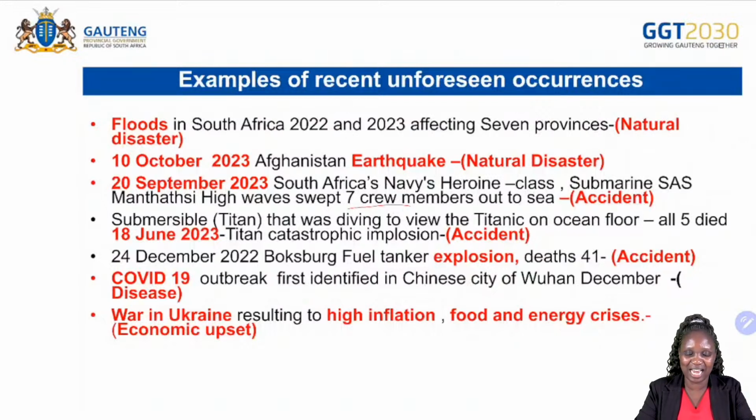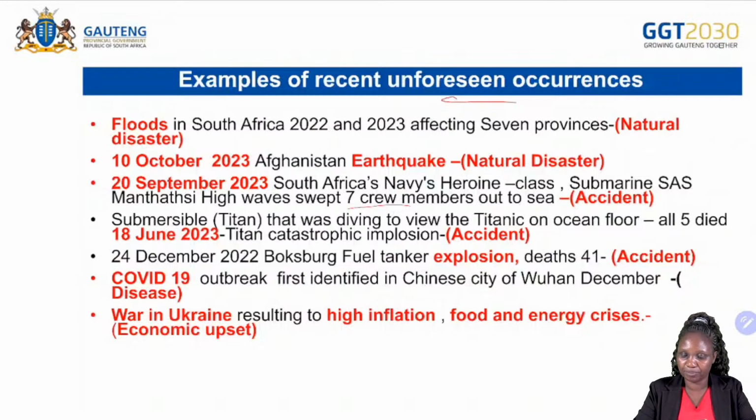All 5 died. 18 June 2023, Titan catastrophic implosion accident. That was an accident. These are the examples of recent unforeseen occurrences.